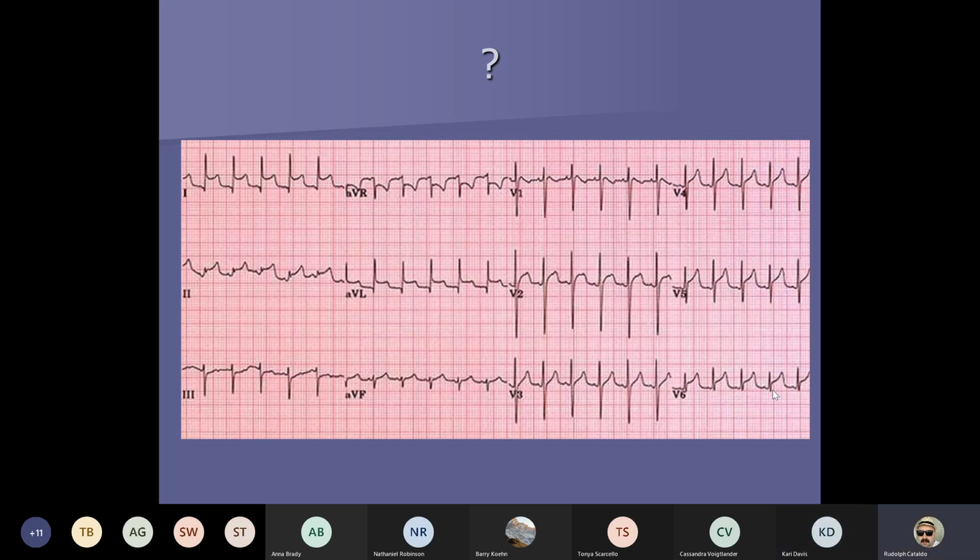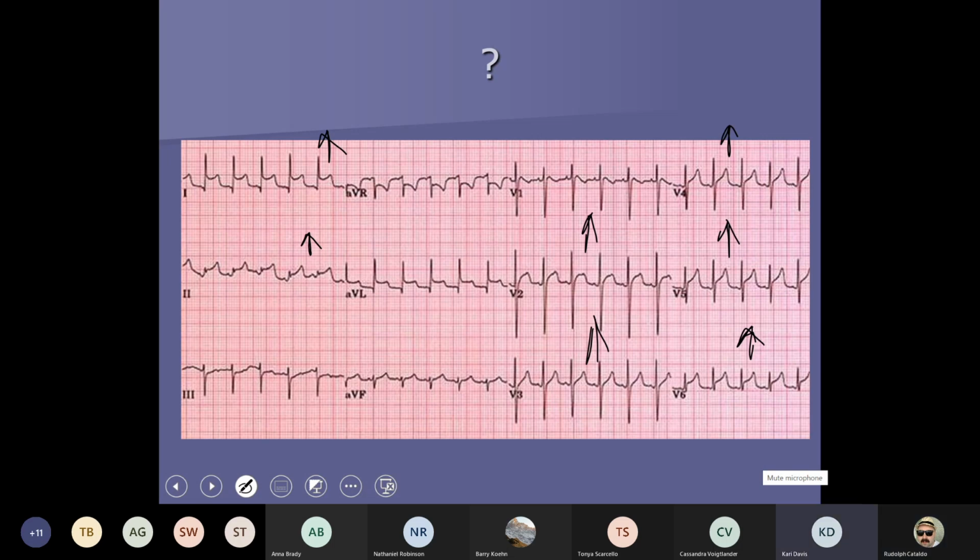So it looks like I've got elevation in 1, 2, V4, V5, V6, V2, and V3. What about AVL? Elevation in AVL. Okay.